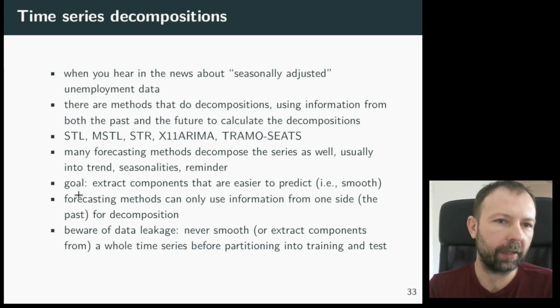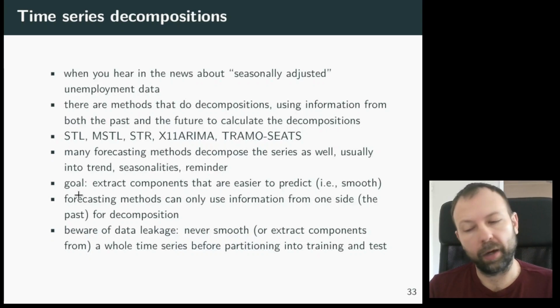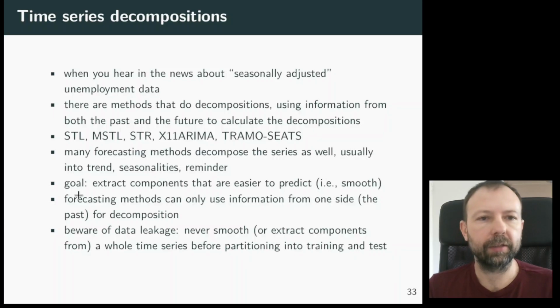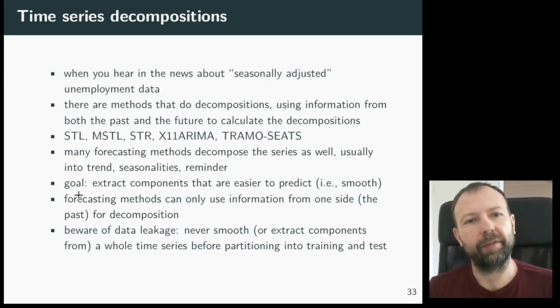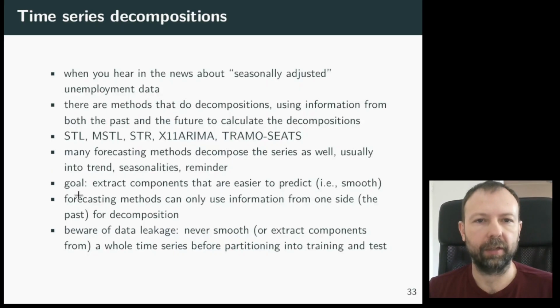We've seen STL. There's a multi-seasonal version of it called MSTL. You have STR, that's seasonal trend decomposition using regression. And then you have more classic methods like X11 ARIMA and TRAMO-SEATS that are still, I think, the methods of choice by national banks and so on.